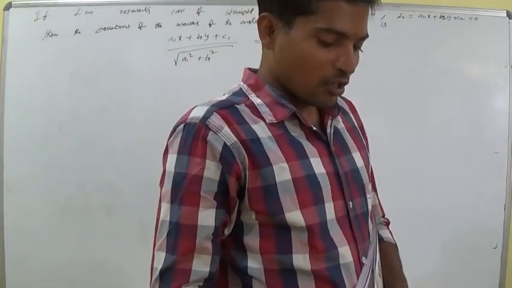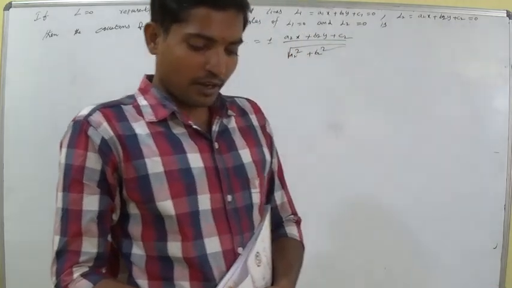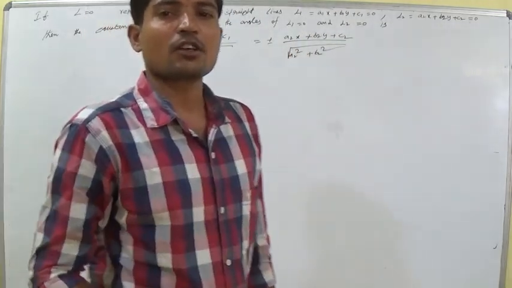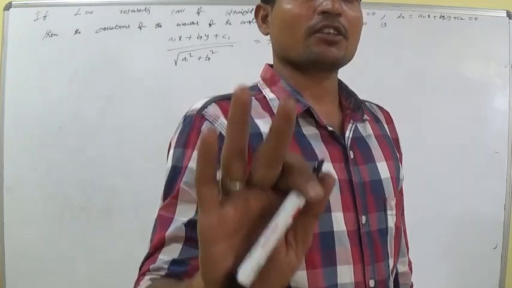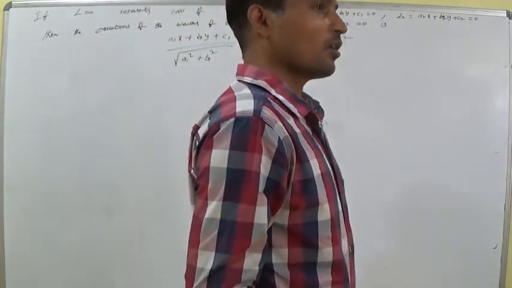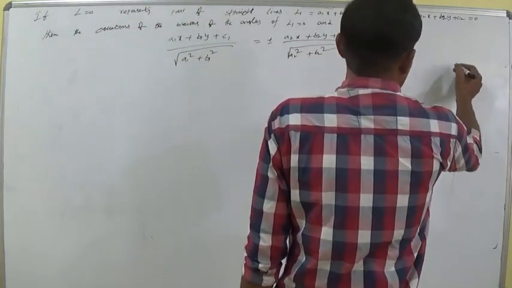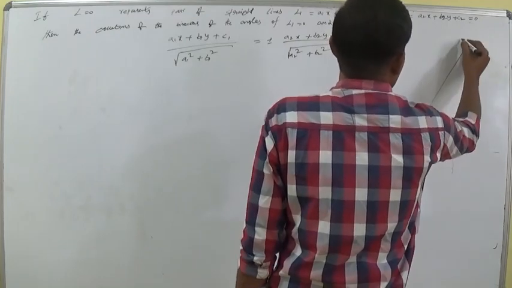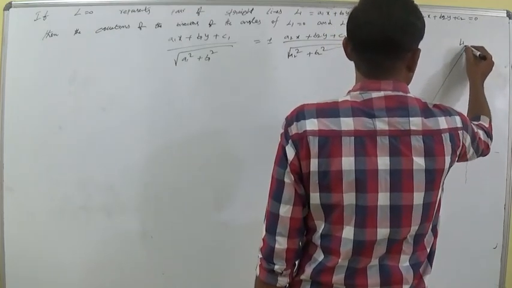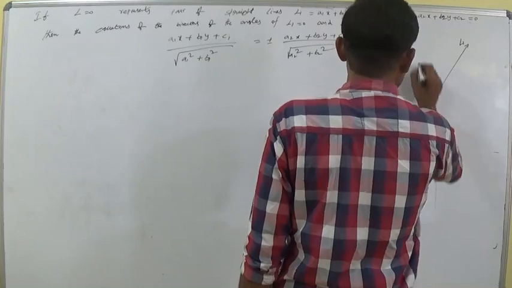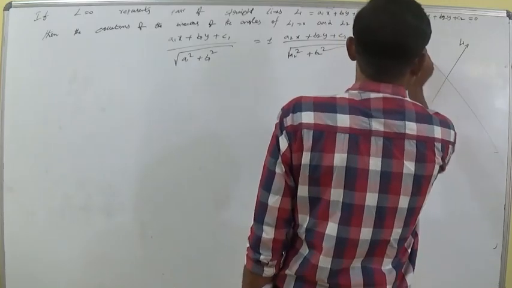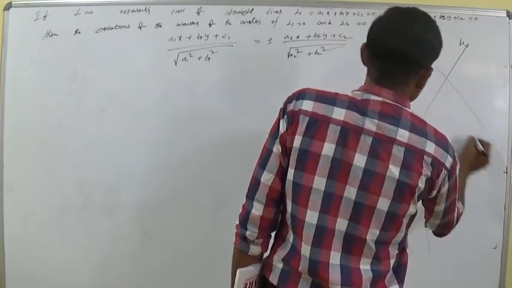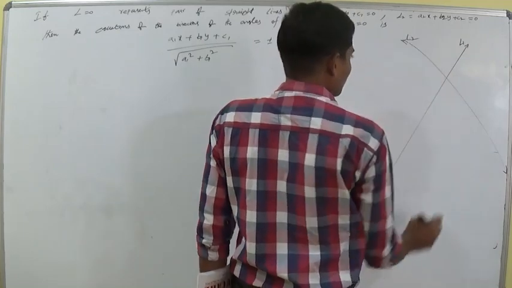L equal to 0 represents a pair of straight lines, L1 equal to 0 and L2 equal to 0. That means, suppose this is L1, they are intersecting. This is L2.